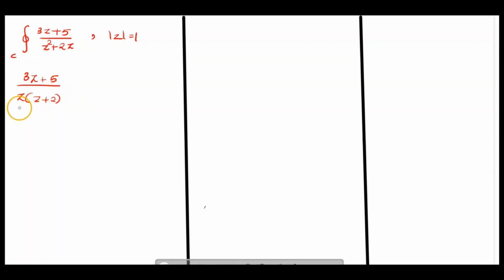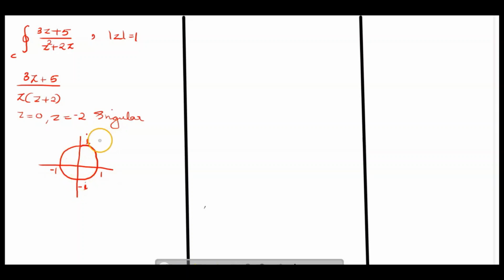And here z equal to 0 and z equal to minus 2 are singular points. Since the denominator is 0, the function is not defined at the points z equal to 0 and z equal to minus 2. But the region given is mod z equal to 1, that means the unit circle. This is plus 1, this is minus 1, this is plus i and this is minus i.